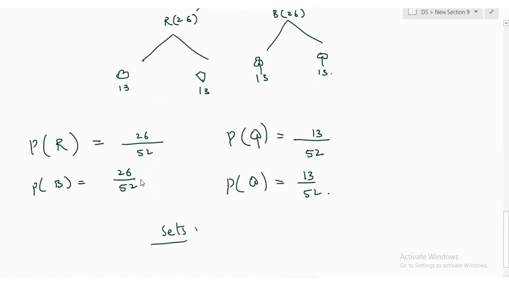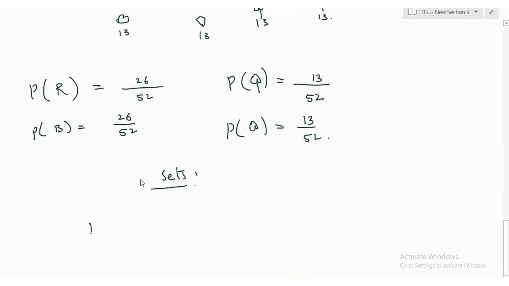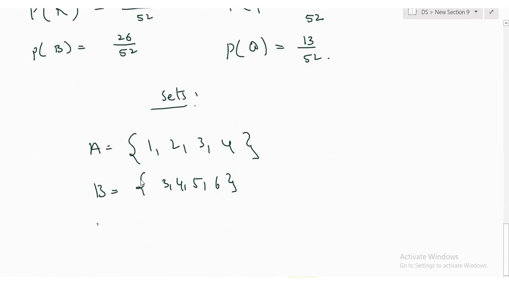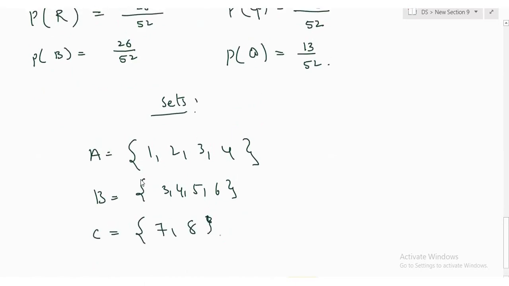Let us learn a little bit of sets also, so that we can make the problems a little more complex. Sets. What are these sets? Sets meaning you write 1, 2, 3, 4 is one set. B is another set, let's say 3, 4, 5, 6. And C is another set, 7 and 8. Okay?